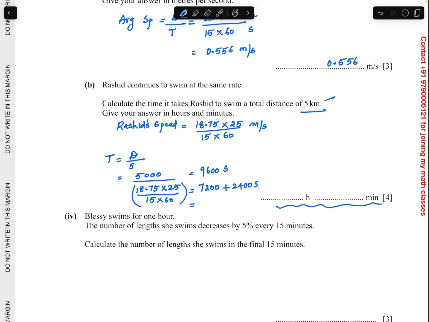So 7200 seconds is nothing but 2 hours. And 2400 seconds, if we try to convert it into minutes, we have to divide it by 60. So 6 fours are 24. So we get 40 minutes. So 2 hours and 40 minutes.